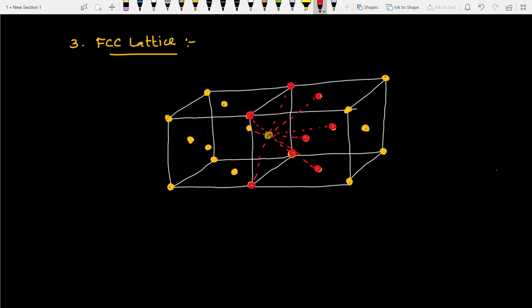Then 9, 10, 11, 12. So coordination number is 12. Nearest neighbors are shown in red color. Central atom is shown in green. So this is the calculation of coordination number for cubic crystals and their diagrammatic representation.